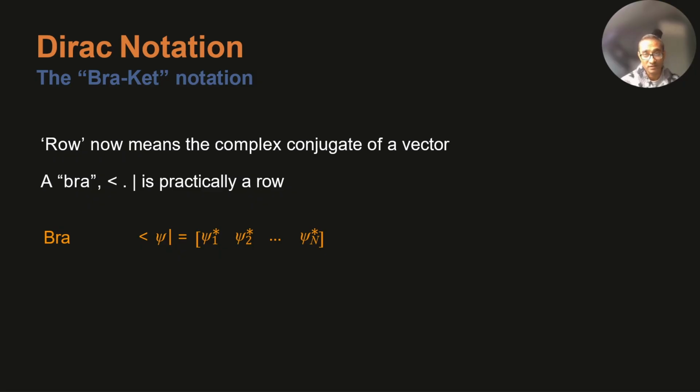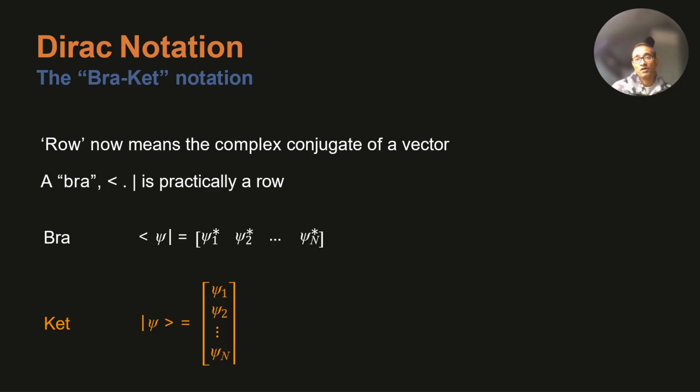So bra is practically a row, a ket is a column, and the bra is represented as you can see here, where the angular sign is now the less-than sign instead of the greater-than sign that we usually see in ket. So the shape of the bracket has reversed in bra compared to ket.